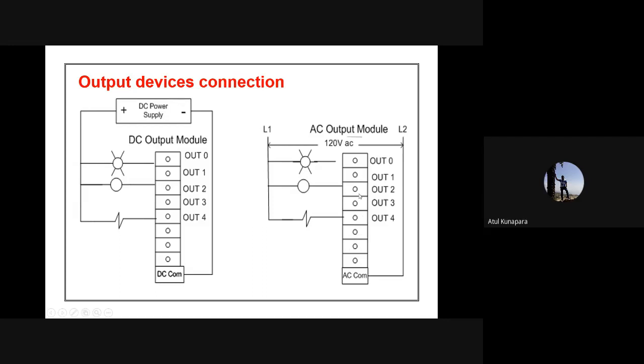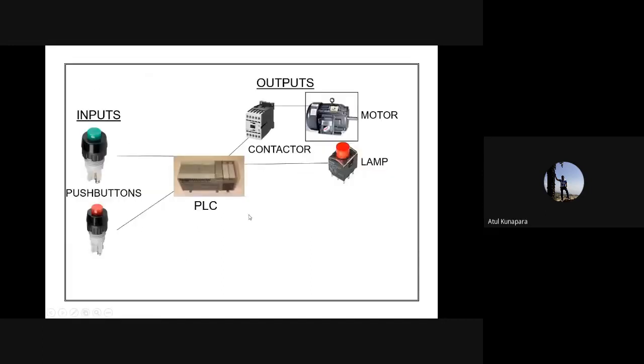But if your module is not rated for that voltage, you need a contactor connected to the module, and the contactor can provide the high voltage connection to the outside components. Here is a small diagram showing a few input and output devices: push buttons, like start and stop buttons, and output devices like a motor connected through a contactor, or a lamp indicator. So this is very simple.